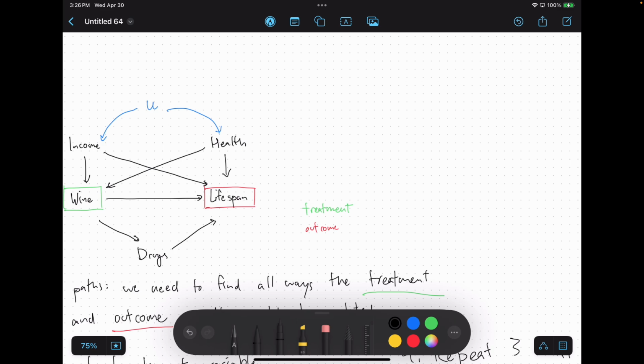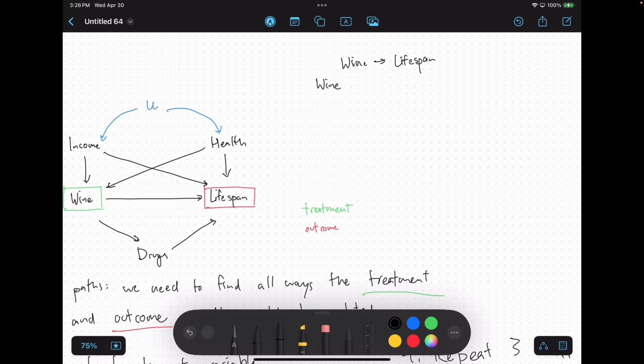I can go from wine directly to lifespan. So I've gone from 1, 2, straight into 4, and we've got a path, right? So wine to lifespan. That's 1. We can go from wine down to drugs, drugs to lifespan. Bam, there's another path.